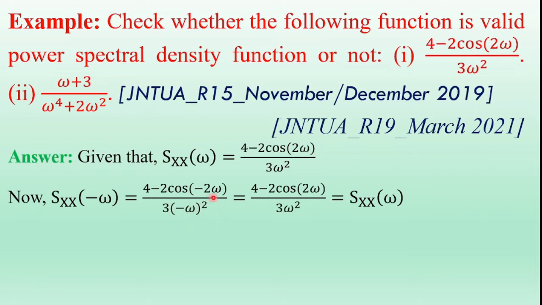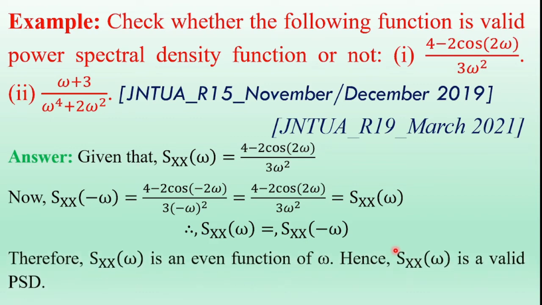So cos of minus 2 omega is cos of 2 omega, and minus omega square is omega square. This gives (4 minus 2 cos of 2 omega) by 3 omega square. This RHS term is the given power spectral density, that is Sxx of omega. So now Sxx of minus omega is equal to Sxx of omega. The condition is satisfied. The property is verified. Hence, the given power spectral density is a valid power spectral density.